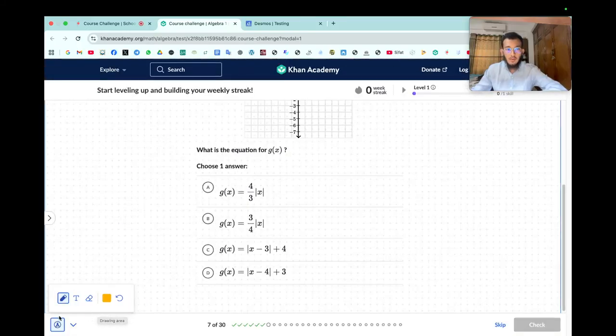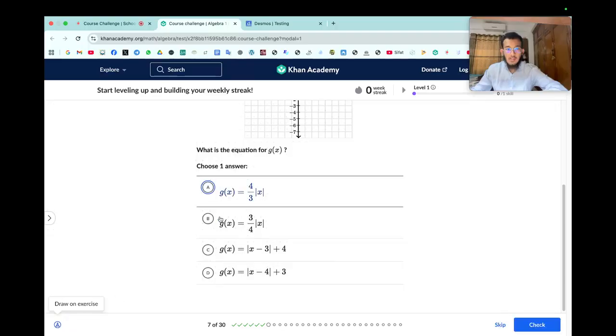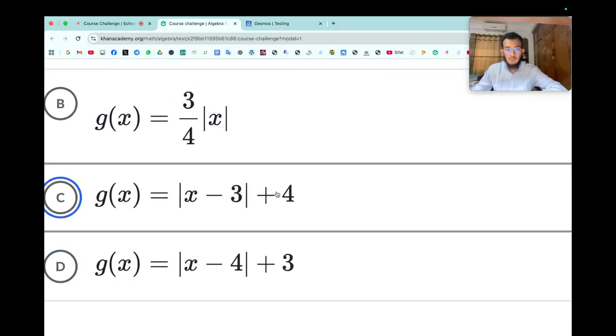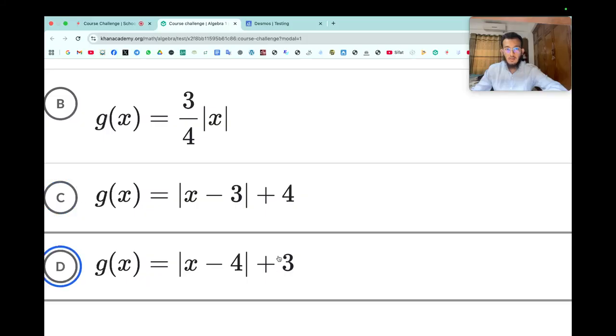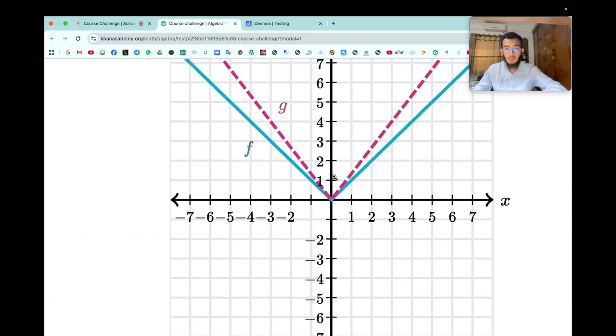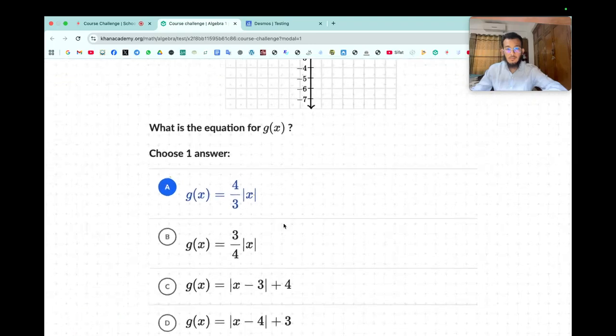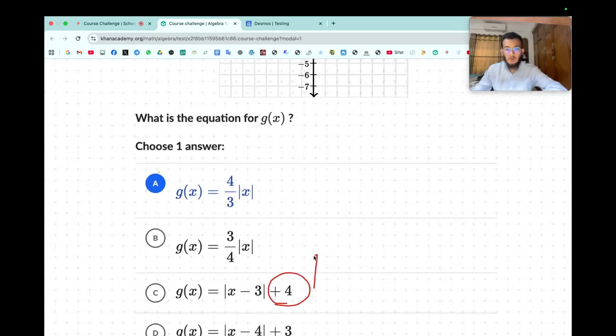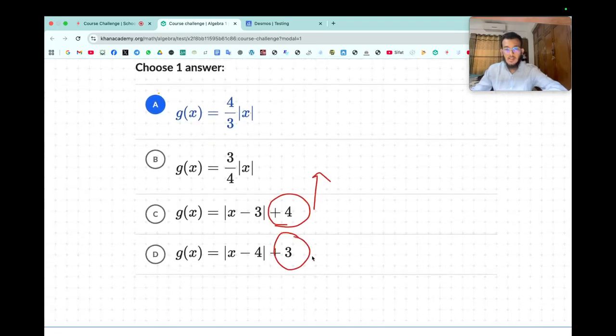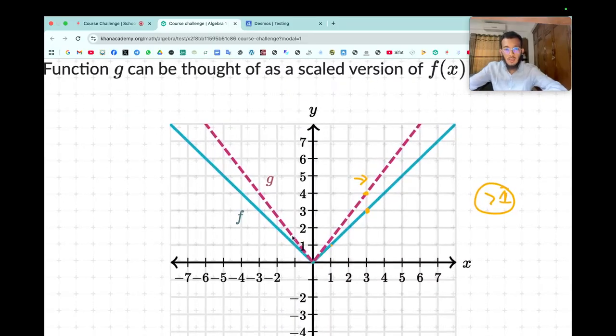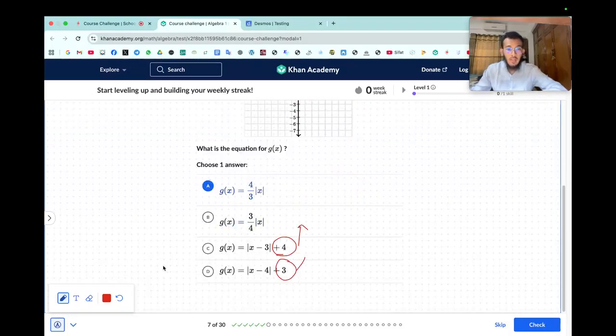And C and D show that it is shifted on the positive y-axis by 4 or by 3 above, which is not the case. They have the same origin, the same starting point. So our answer should be A.